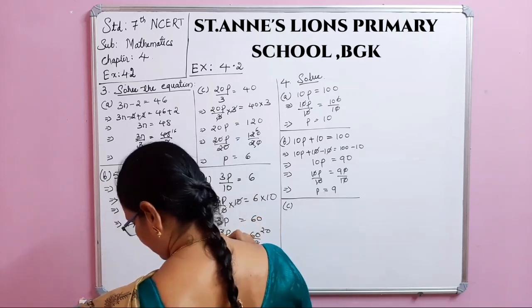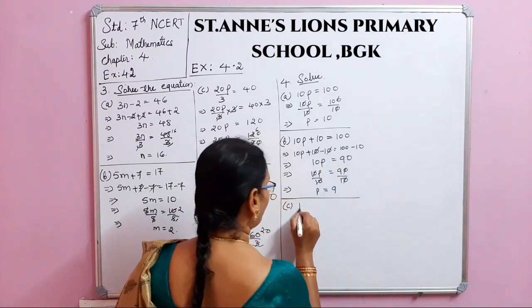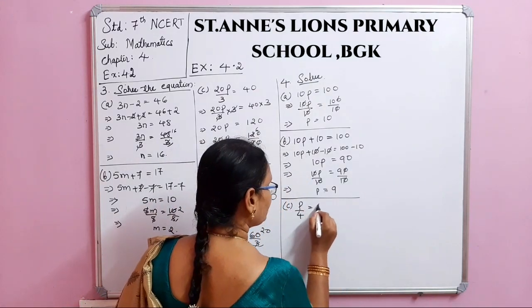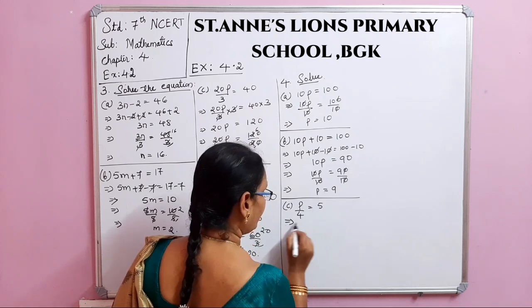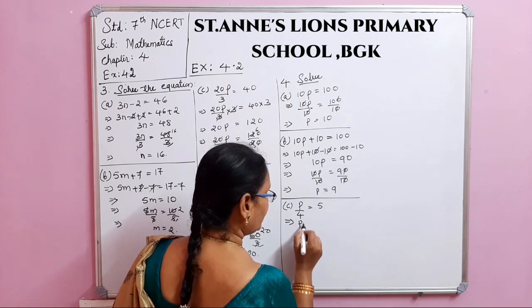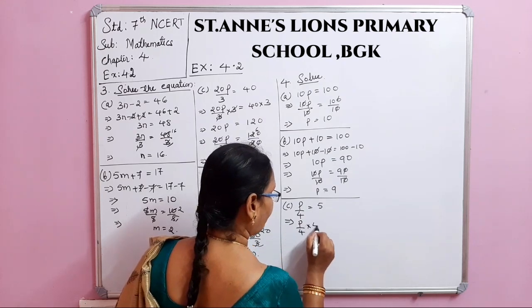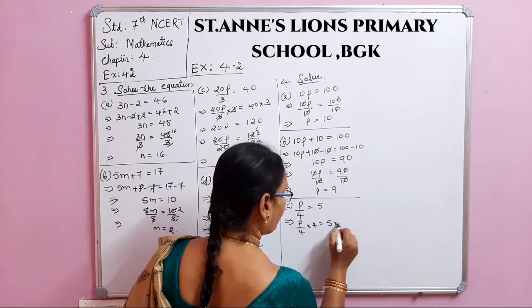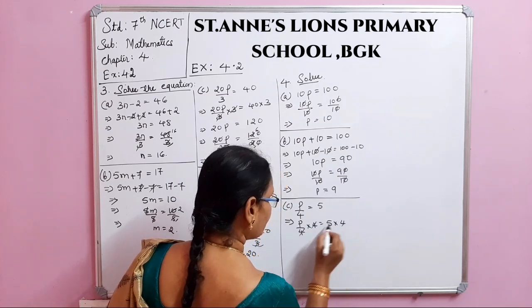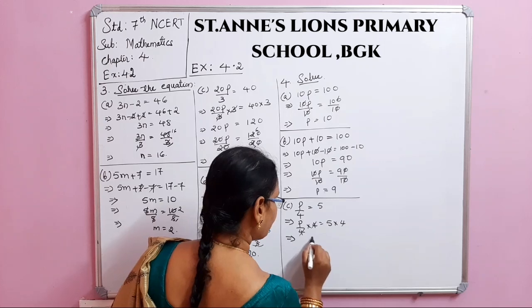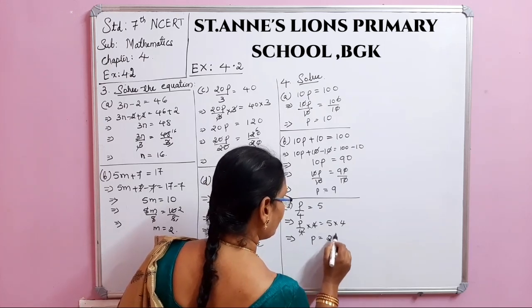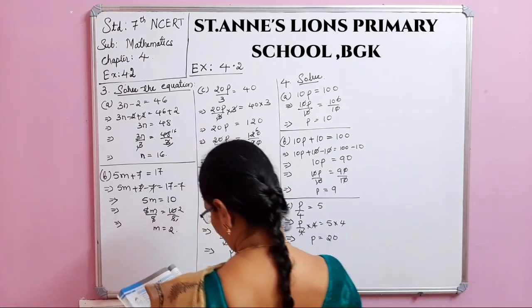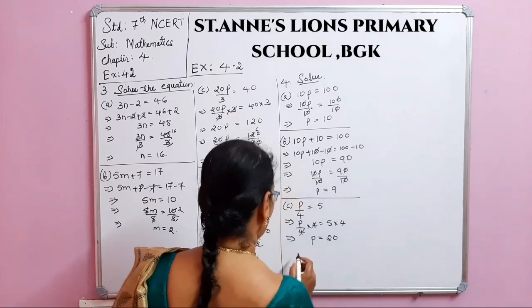Next, third one, p by 4 is equal to 5. Here division is there, we have to multiply. 4 got cancelled. This indicates that p is equal to 20. 5 fours are 20. Next, d.